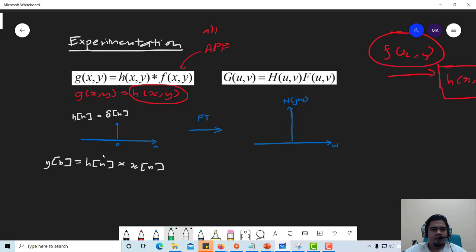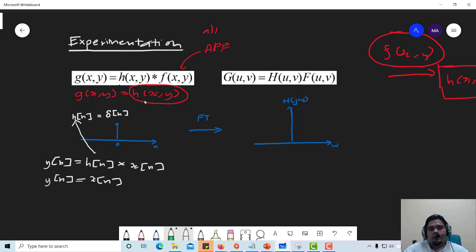If your h[n] is equal to this h[n], then at the end, after you convolve x[n] with this h[n], your y[n] is equal to x[n].